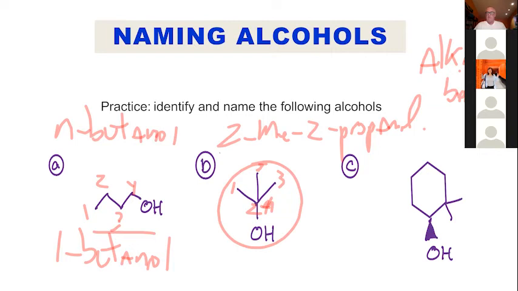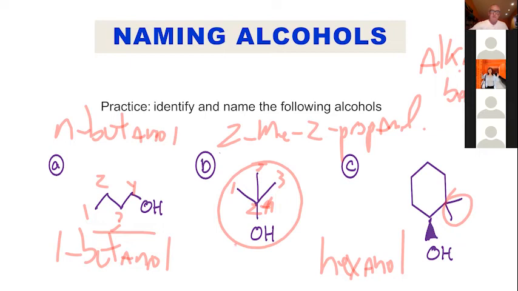So it's got how many carbons in the ring? 6. 6, right? So it's a hex. So it'd be dimethyl hexanol. Yep. But we need more information. Yeah, so there's your dimethyl group.